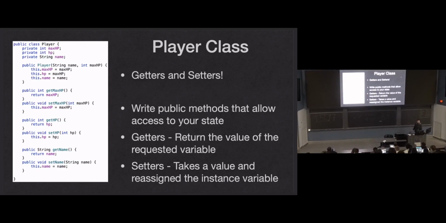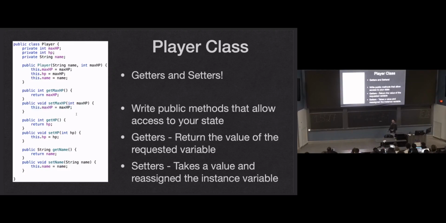But we have private variables, and then to access that state from outside the class, we expose public getters and setters. So to use max HP, you're going to call getMaxHP, which just returns max HP in this case, and setMaxHP, which takes in a parameter and sets the instance variable equal to the value that it was given.